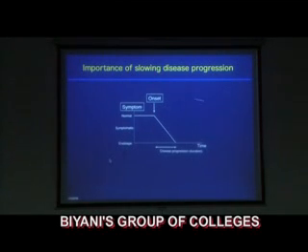So this graph simplifies the ALS disease onset and end stage, and this actually represents the disease progression from the onset time to the end stage.